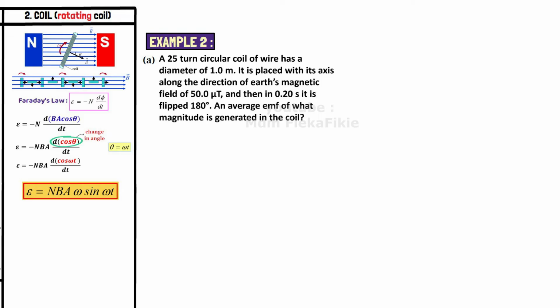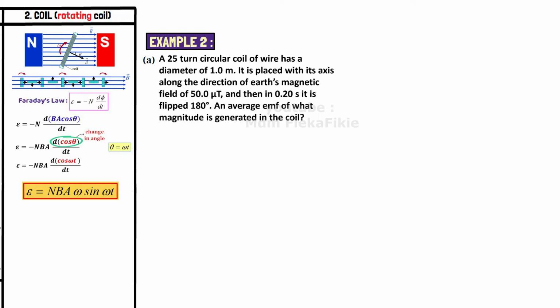Okay, dia rotate. So sekarang soalan tanya kita, an average EMF of what magnitude is generated in the coil. So bila dia flip 180 degree tadi, maka mana untuk kita kira the average EMF of the coil.